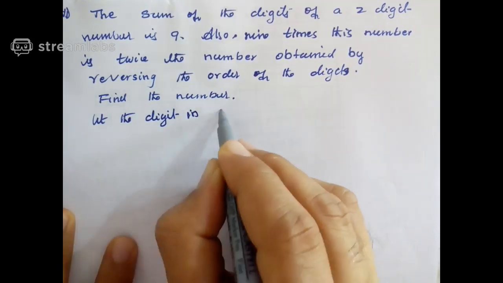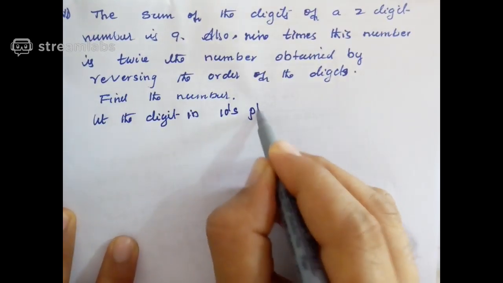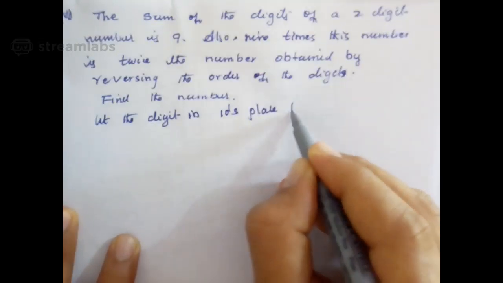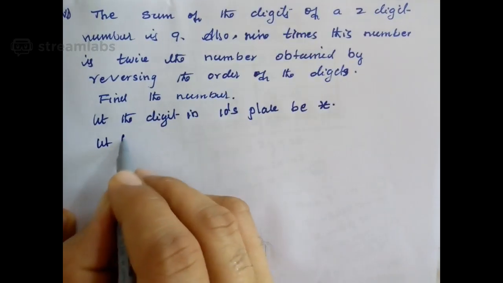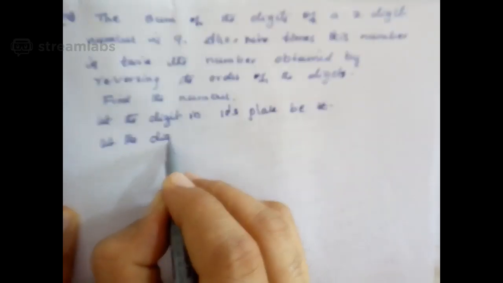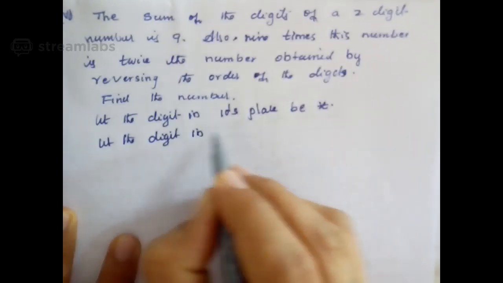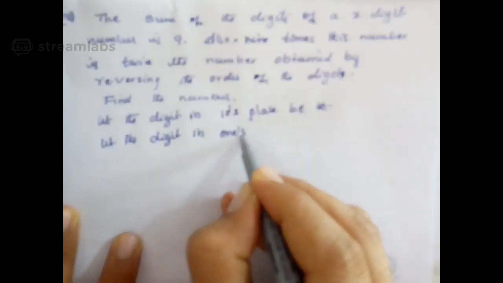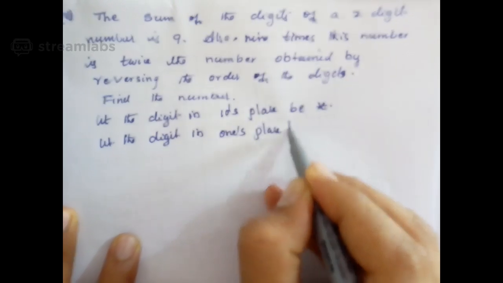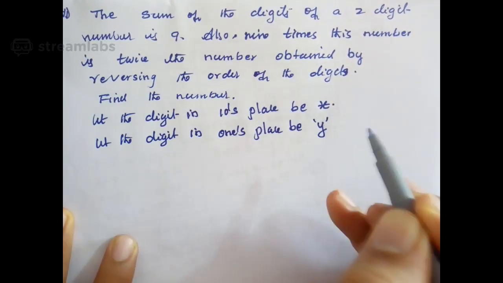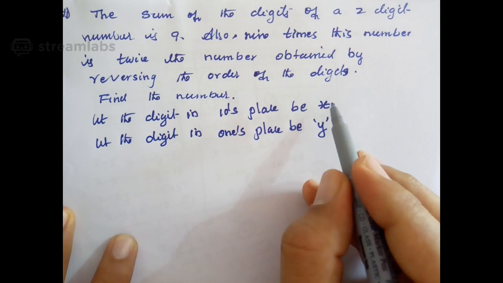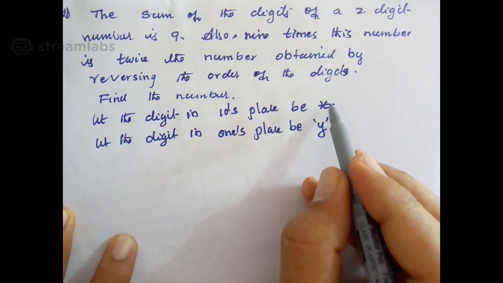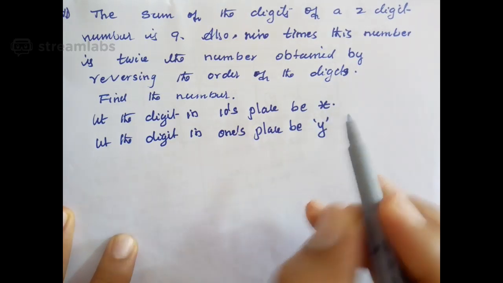So, to consider the number, let the digit in tens place, because it is a two-digit number, be x. Let the digit in ones place be y. These are the two digits. Tens place is x and ones place is y.